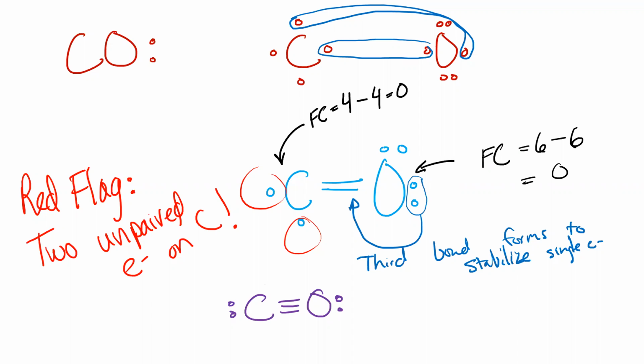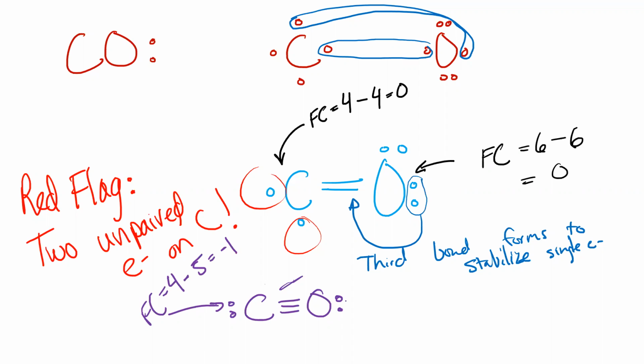Carbon monoxide doesn't actually look stable if you look at the formal charge, though. This is one of those guys that breaks the formal charge in bad ways. So the formal charge here is 4 minus 5, giving you minus 1.